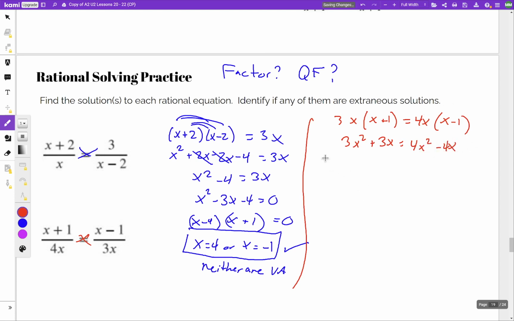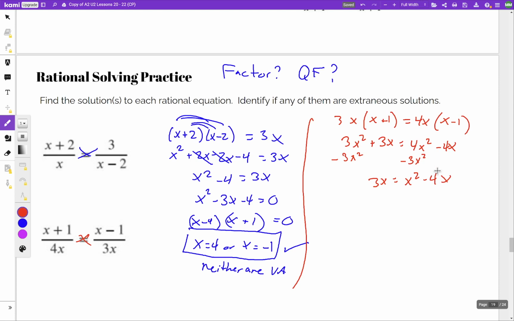All right, let's combine some terms. Let's subtract 3x squared from both sides. Here we actually can do that because I have multiple copies of x squared this time. So I can combine those terms together. And so I get 3x equals x squared minus 4x.